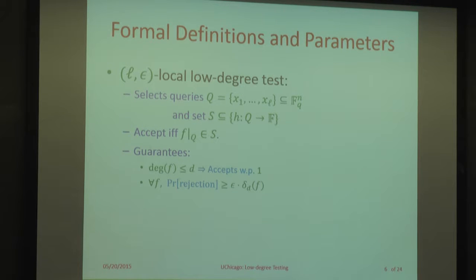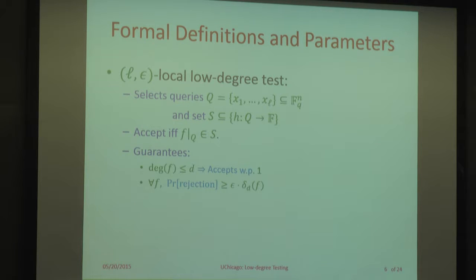It is some epsilon. Think of epsilon as some number between 0 and 1, 1/3 might be a reasonable number, a tenth is okay, some constant, whatever you want, epsilon times the distance of this function from the space of degree d polynomials.